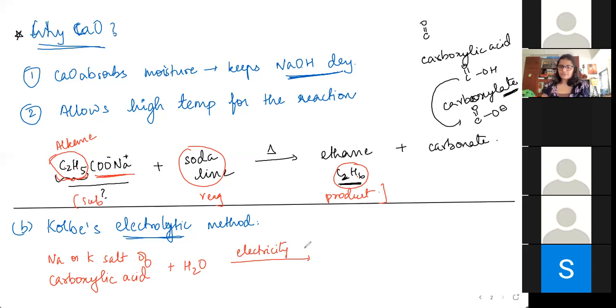On electrolysis, you end up getting an alkane which has double the number of alkyl groups that you started off with. So it's R-R, just like Wurtz reaction where this pairs up. And your side products, you get carbon dioxide and water.